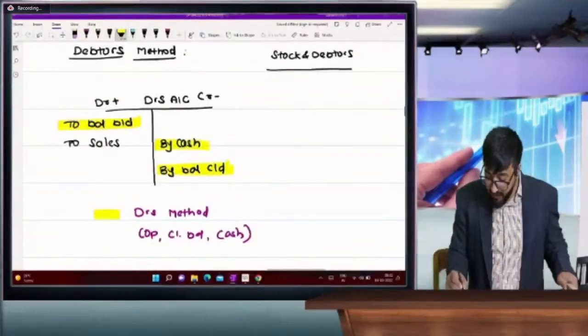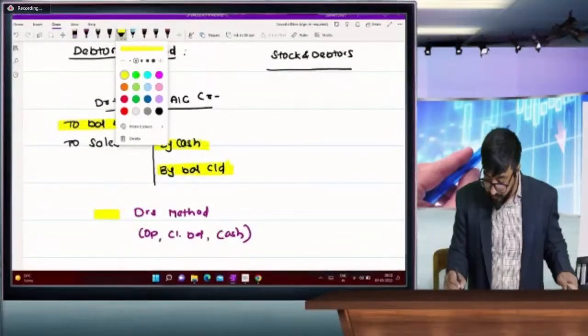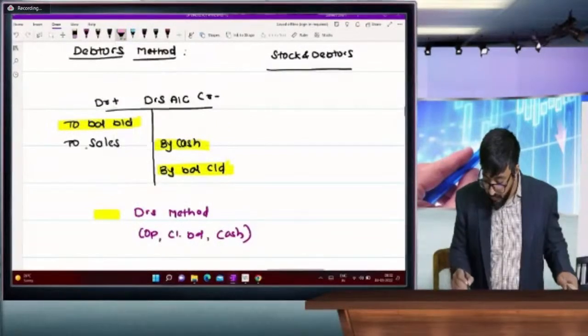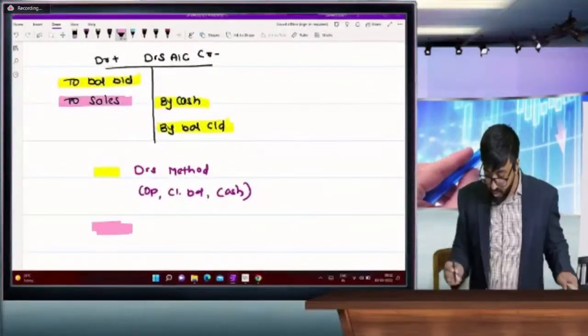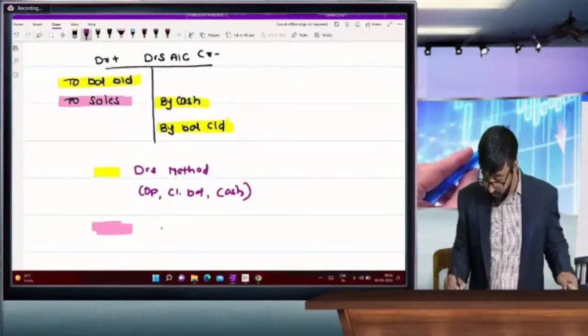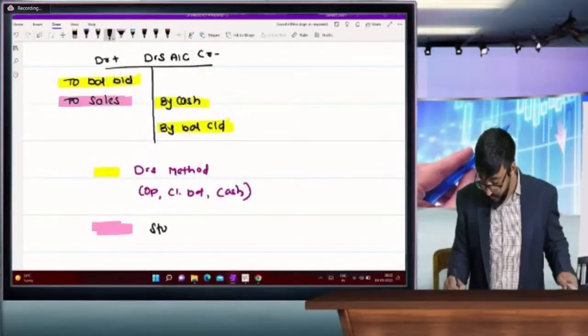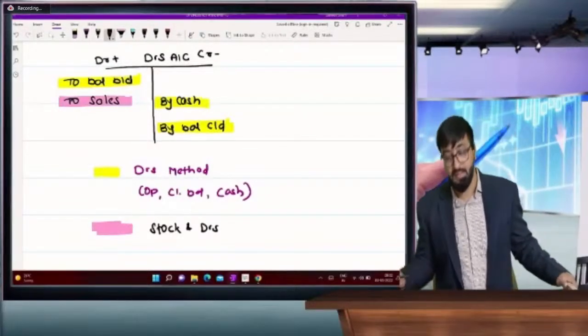At the same time, to sales: stock and debtors focuses on the sales account. And that's why you are getting the same answer.